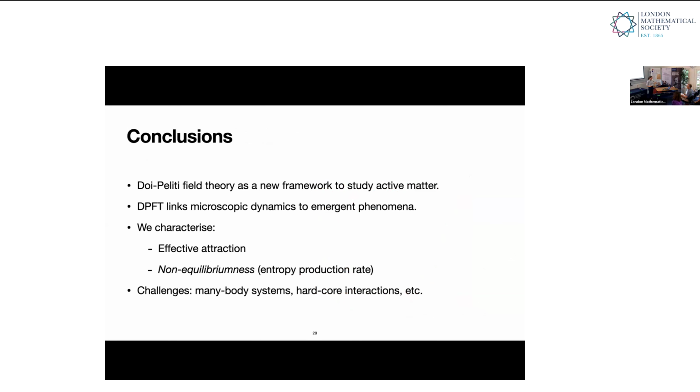Anyway, this brings me to the end. One of the conclusions is that I talked about Doi-Peliti field theory. This is a framework that retains the microscopic dynamics of the system, and that we are using to study active matter. So this is a new tool.